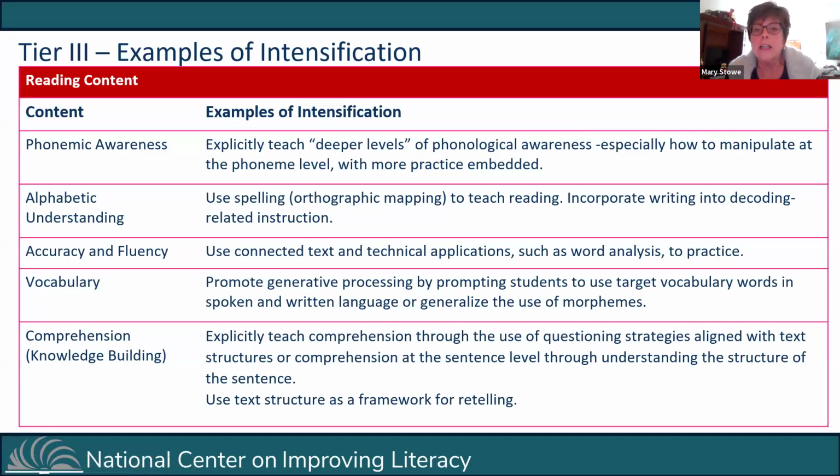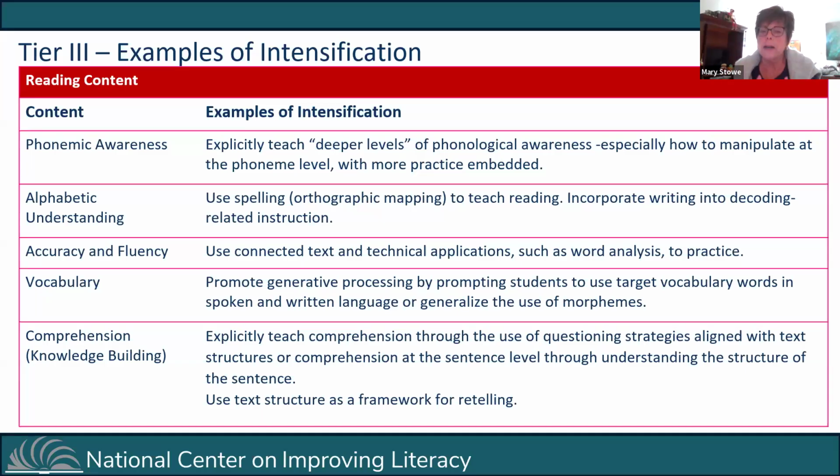We need to think about explicitly teaching students to engage with text through questioning strategies, through different structures that we might provide, through the use of graphic organizers that are designed to walk students through a process. We might engage with teaching students text structures, which are research-based, to help students engage with the text that they're reading.